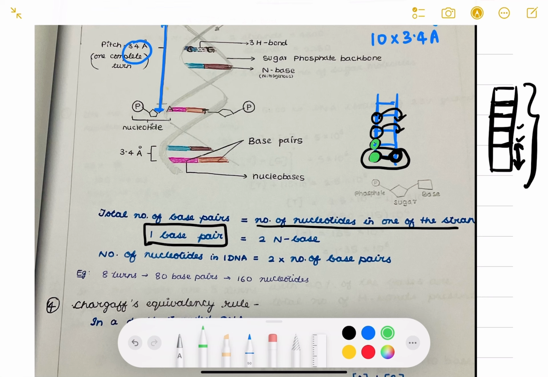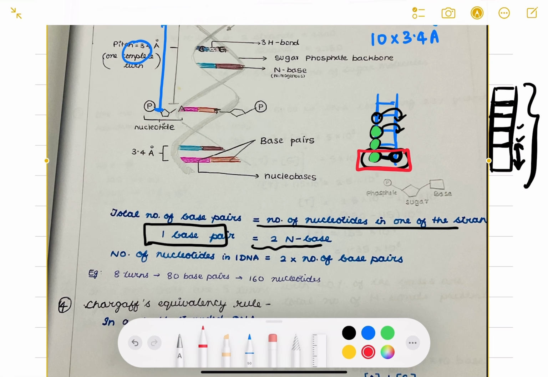So one base pair is equivalent to 2 nitrogen bases. Therefore, the number of nucleotides in one DNA will be twice the number of base pairs. So this is one base pair, and this is one base pair.